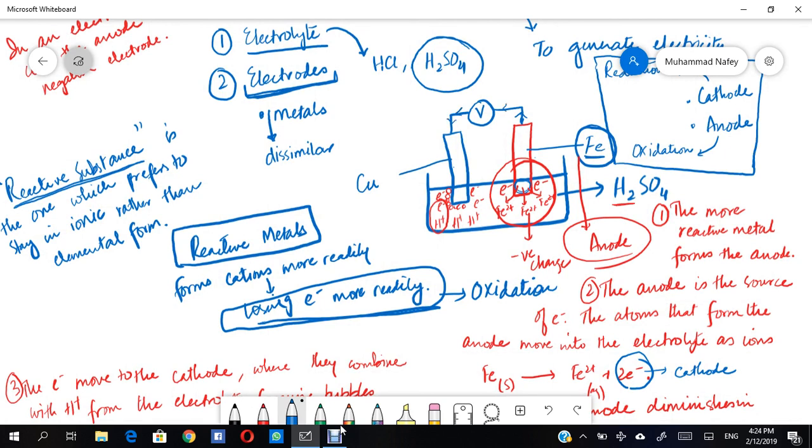So a flow of charge is established. And because a flow of charge is established, there is a current and a voltage. And therefore, you will see a deflection in this voltmeter, indicating that some electrical energy is being produced.